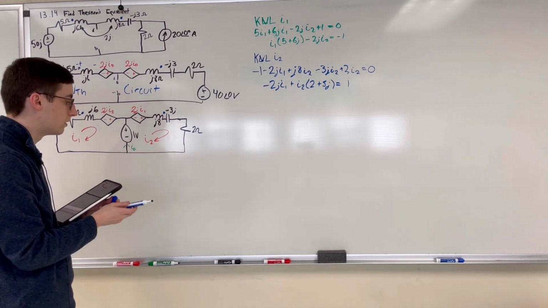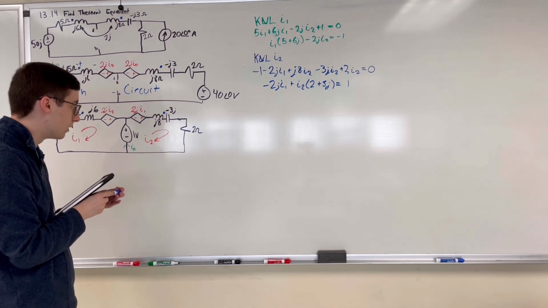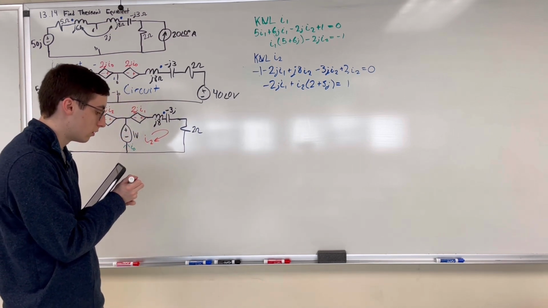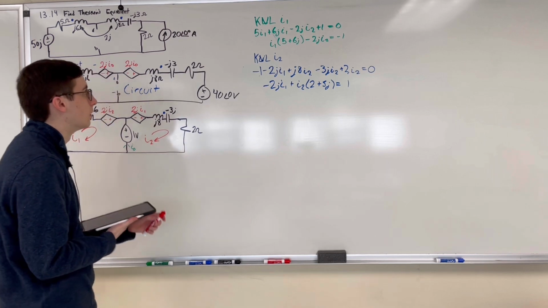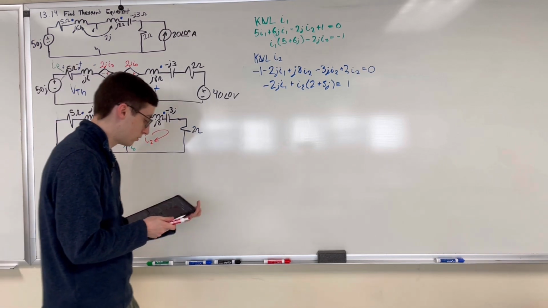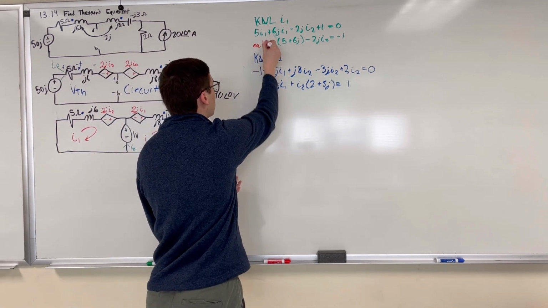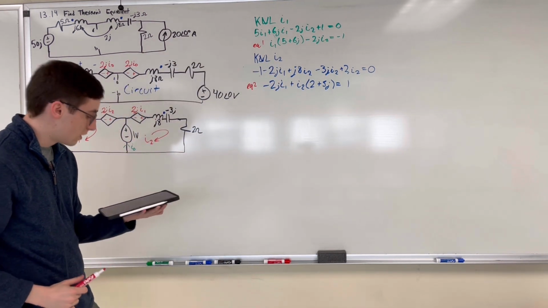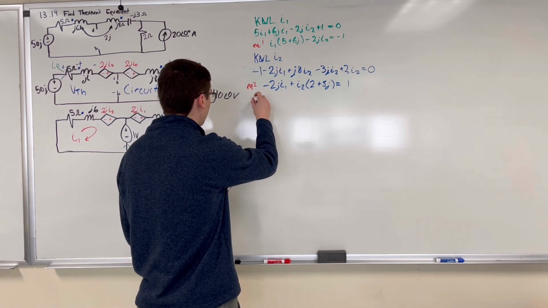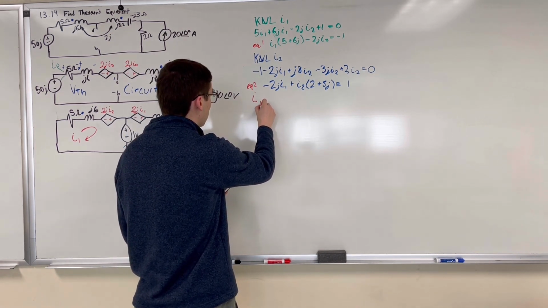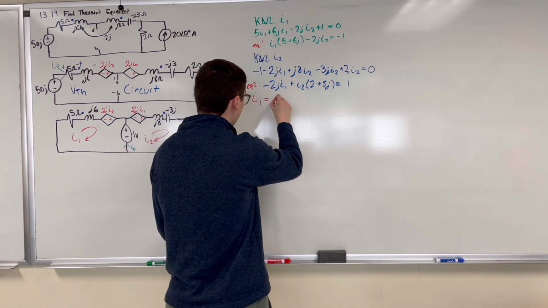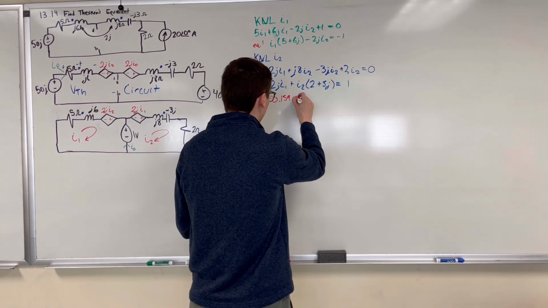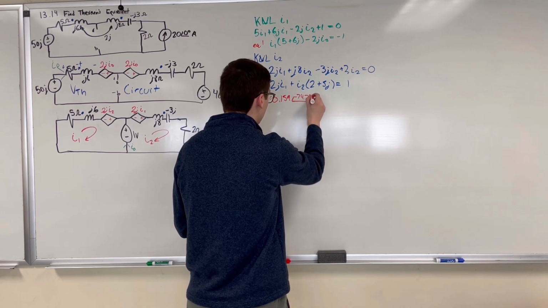Now with that said and done, we are ready to plug these two equations, equation 1 and equation 2, into our calculator. After you plug those in, you'll get that I1 is equal to 0.159 with a phase angle of negative 74.73 degrees.